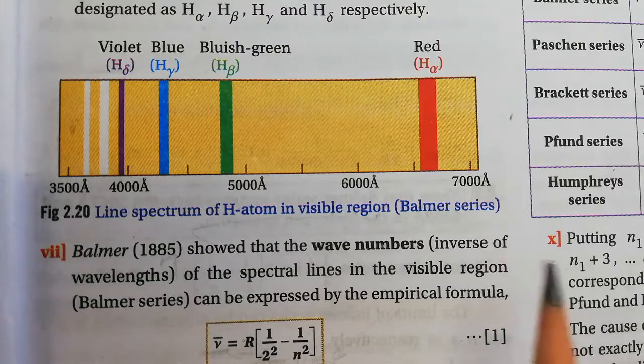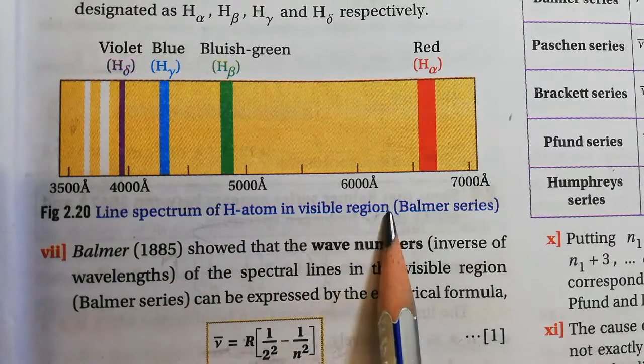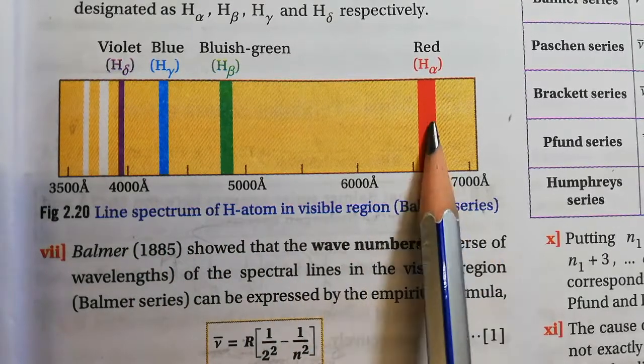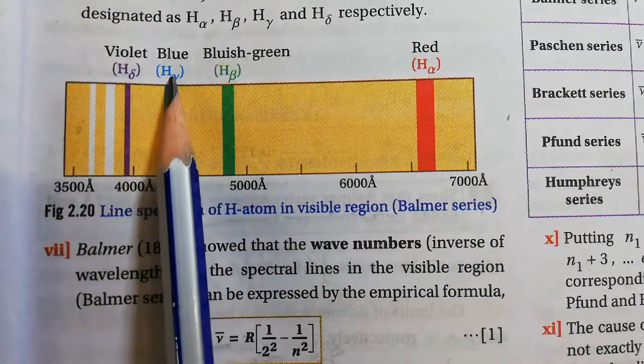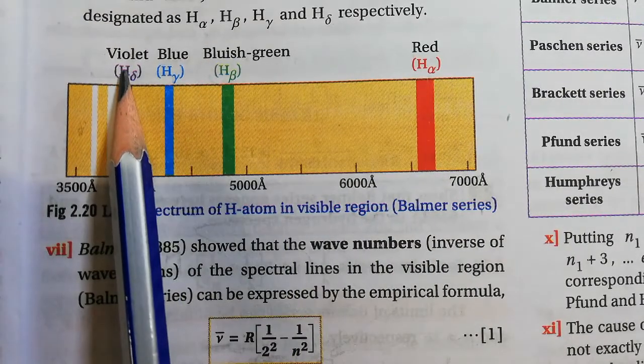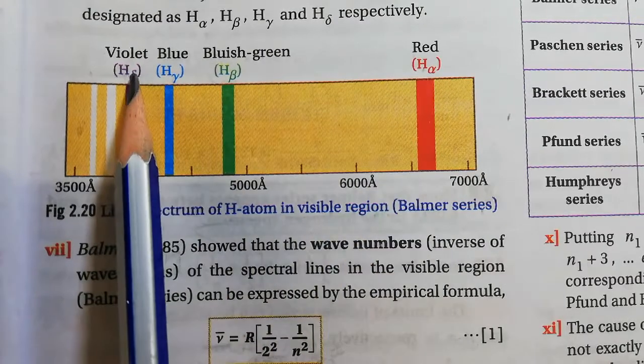As I said, for the line spectrum of hydrogen atom in the visible region, which is the Balmer series, there are mainly four important lines: red, bluish green, blue, and violet. The red one is called H alpha, and then H beta, H gamma, and H delta. Our question deals with H alpha and H delta.